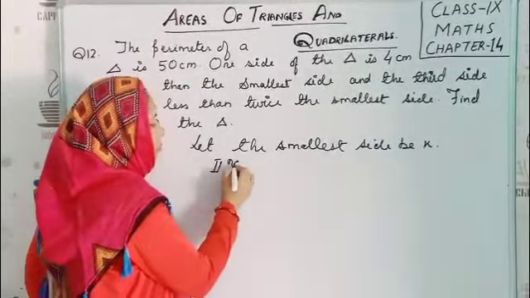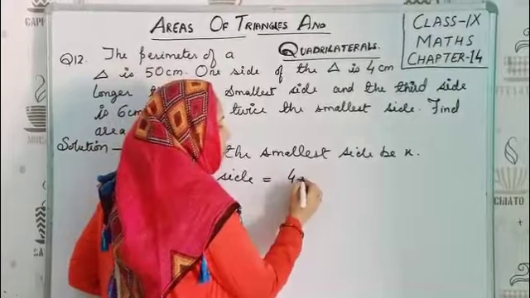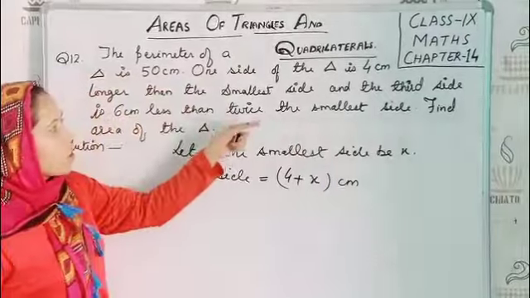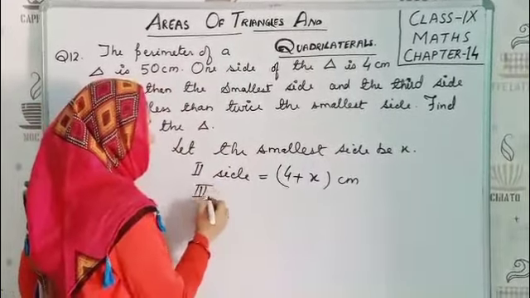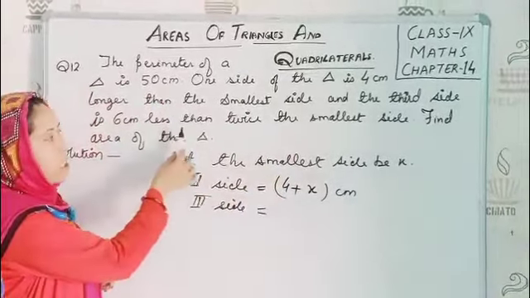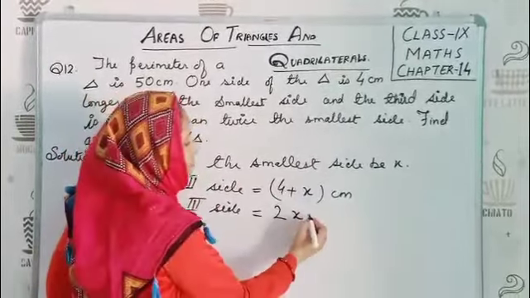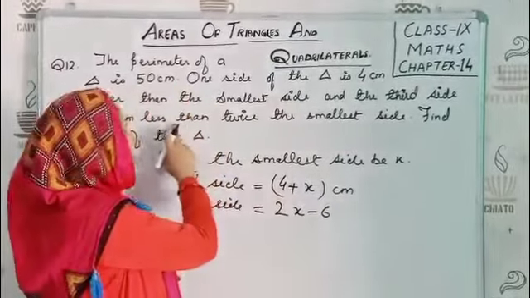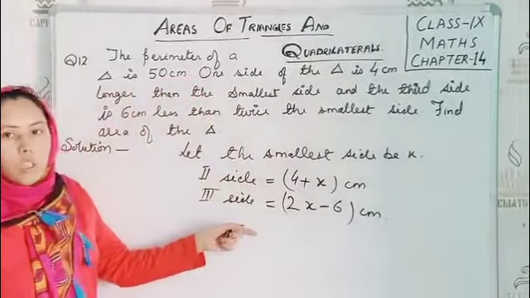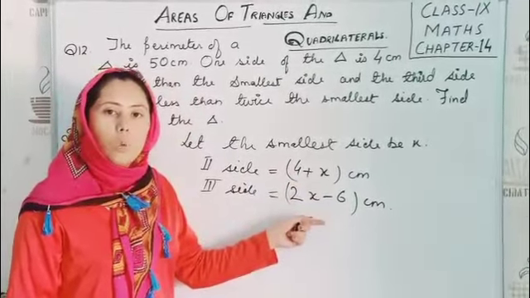Then the second side is 4 centimeter longer than the smallest side, and the third side is six centimeter less than twice the smallest. Twice the smallest means 2x, and less than 6 centimeter means minus 6. These will be your sides. First side is x, second will be x plus 4, and third will be 2x minus 6.